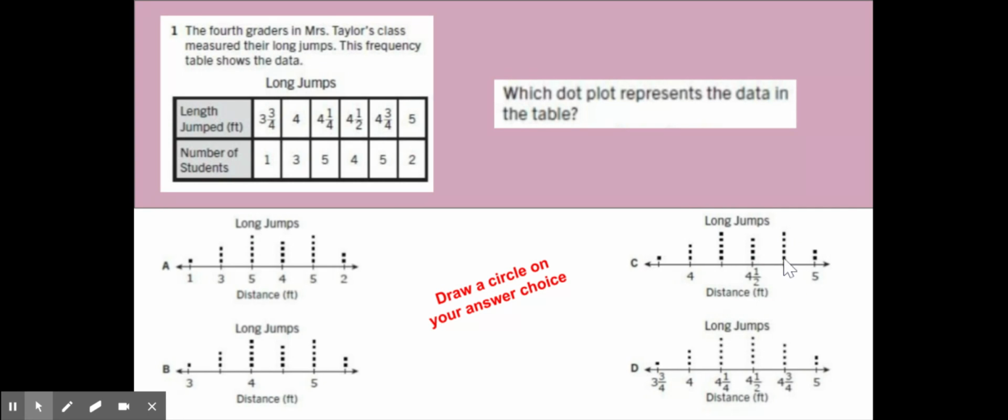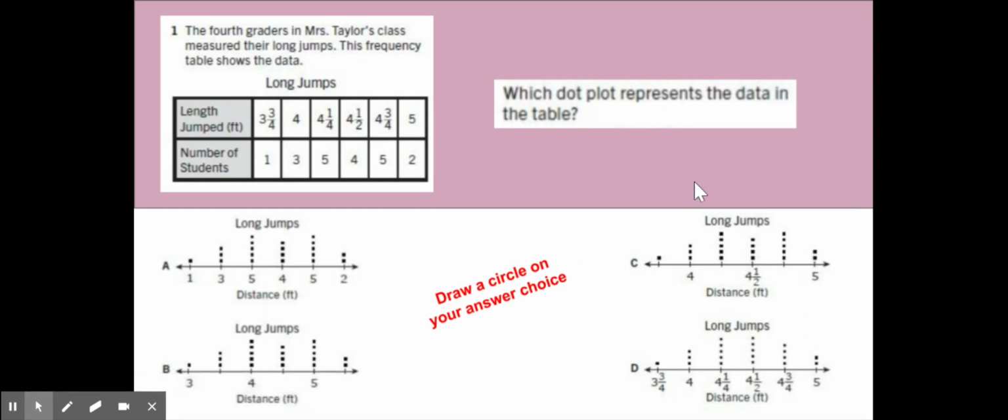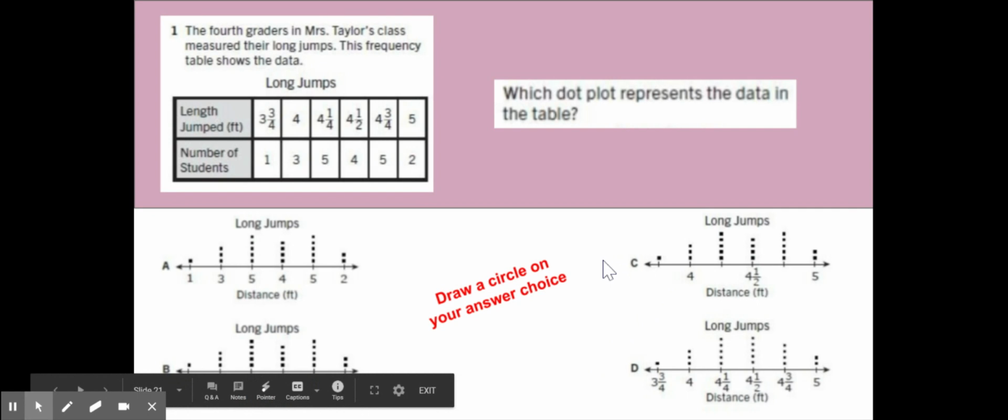So at 4 3/4, which is this one and this one, I should have 5 dots. 1, 2, 3, 4, 5. So that's still right. And right here, I've got 1, 2, 3, 4. So this still is incorrect. So we found 2 errors in D so far. And then 5 feet should have 2 students. 2 students, 2 students. Now the only one that matched this was C.